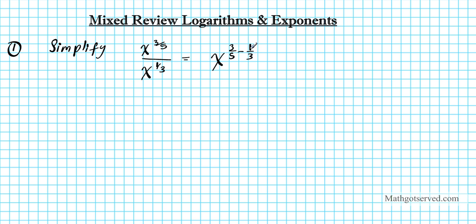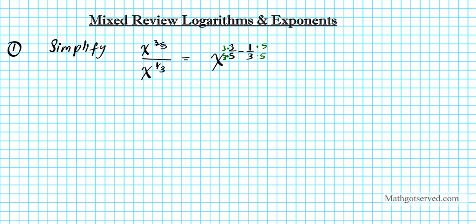Okay. So just focus our attention on the powers. Just find the difference of these two fractions, and that'll be the answer. Okay. So let's find the LCD of 5 and 3, which is 15. So to accomplish that, I multiply this side by 5, top and bottom, and I multiply this side by 3, top and bottom.